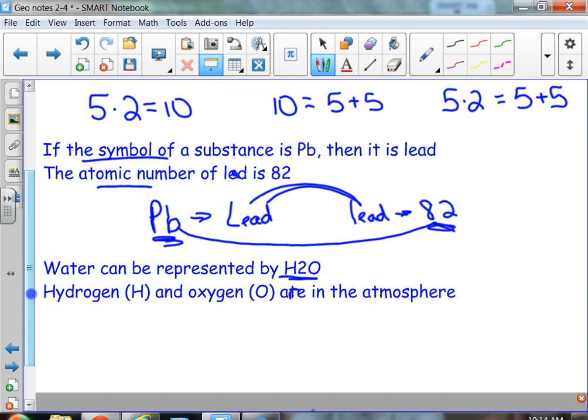Water can be represented by H2O. Hydrogen, H, and oxygen, O, are in the atmosphere. Does that tell us anything about water? No. We cannot conclude anything from this. We know that water is H2O, and we know that hydrogen and oxygen are in the atmosphere. But we can't conclude that they're going to bond up in the atmosphere. So there's no conclusion here.